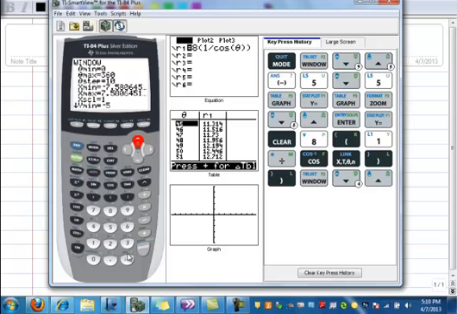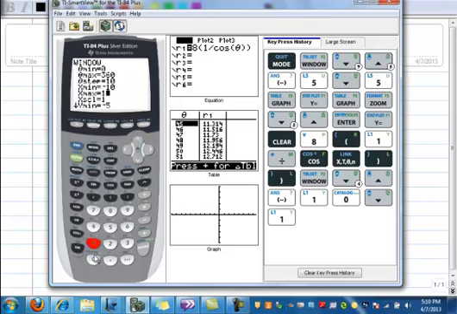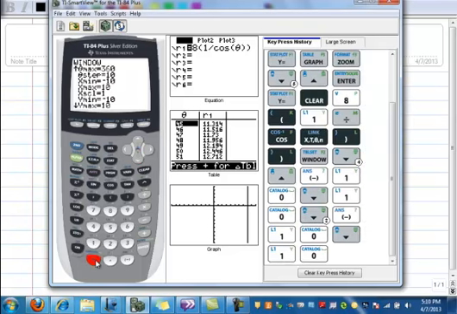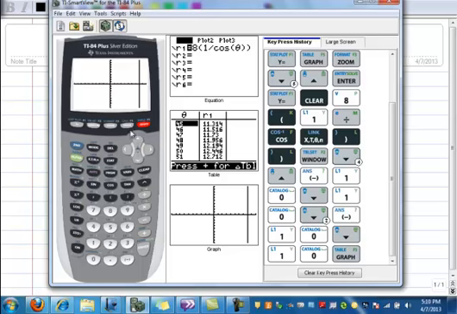Let's let my x go from -10 to +10, and my y, same thing, -10 to +10. Okay, and then when I graph that, I have a vertical line.